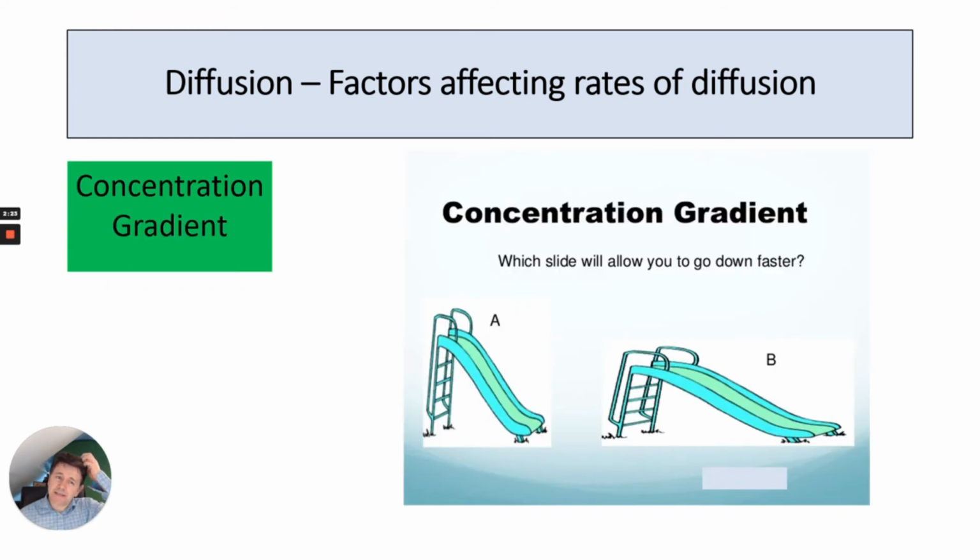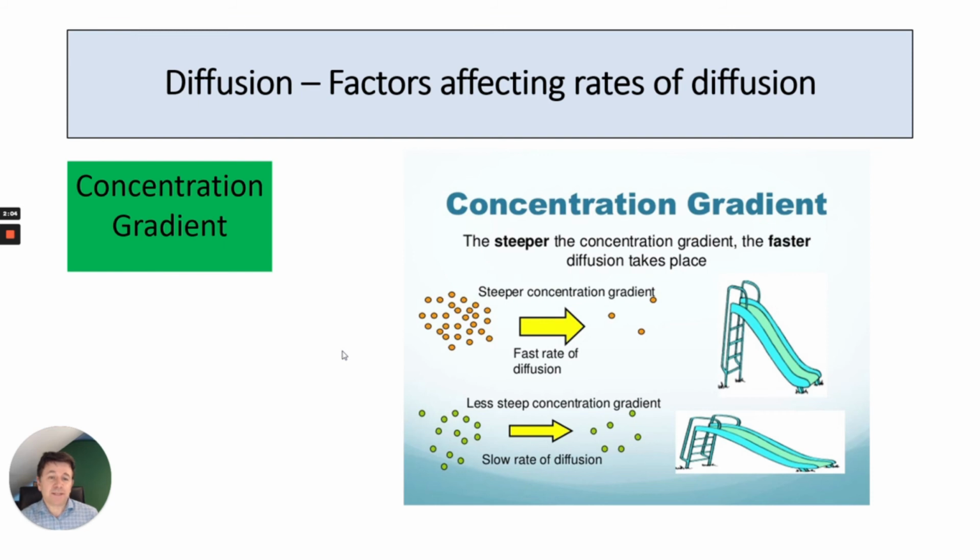Concentration gradient. It's quite difficult to understand what a concentration gradient is, but I like to think of it as a slide. So here we've got A and B. A is a steep slide, B is a more shallow slide with a shallow gradient. Okay, and what happens is the steeper the concentration gradient, the faster diffusion takes place.